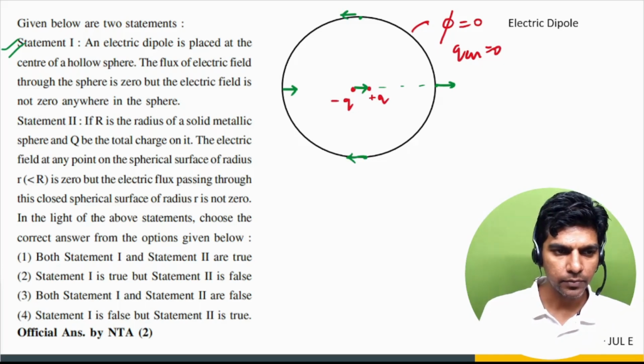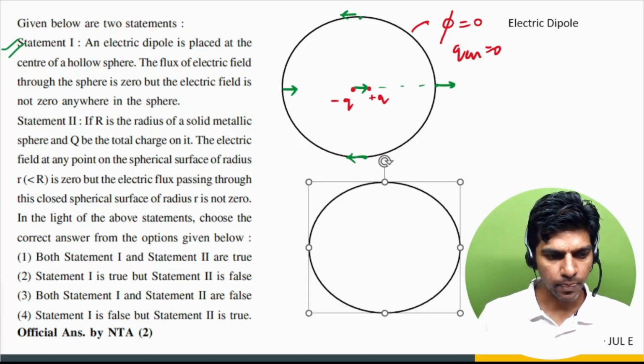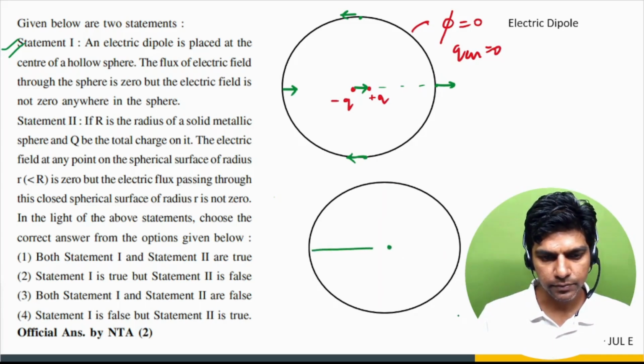It is saying, we are given a solid metallic sphere of radius R, and on this sphere the charge is q.